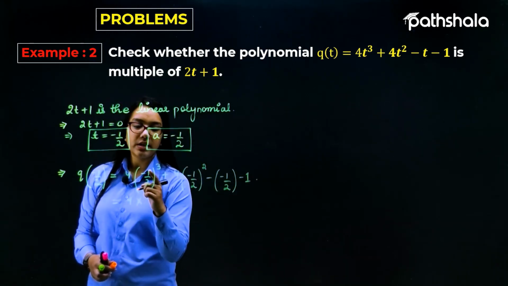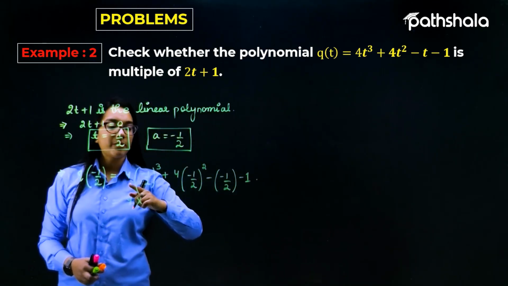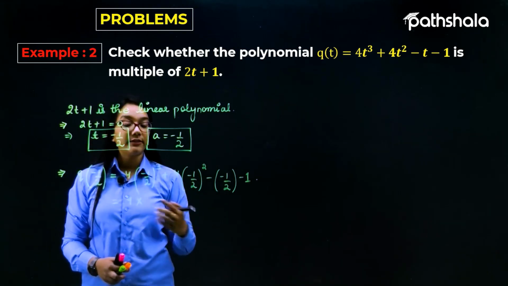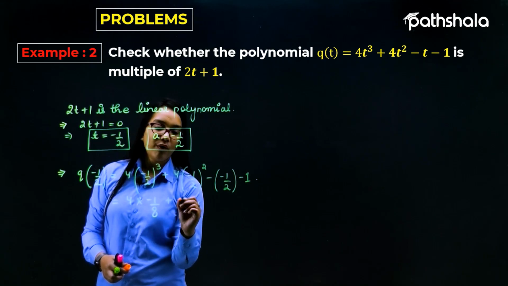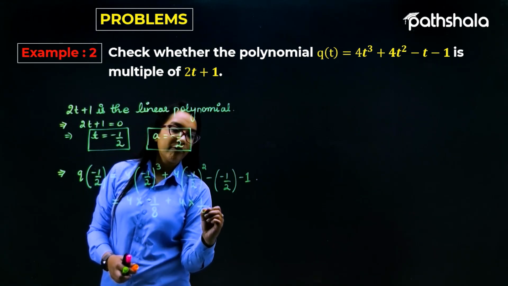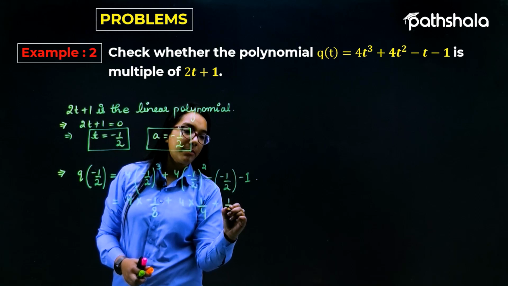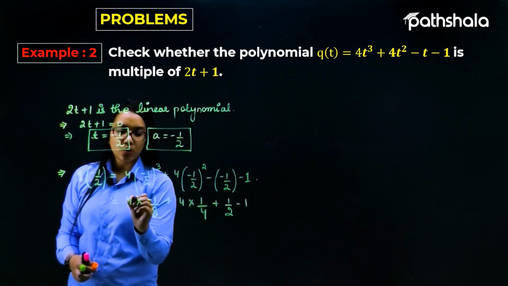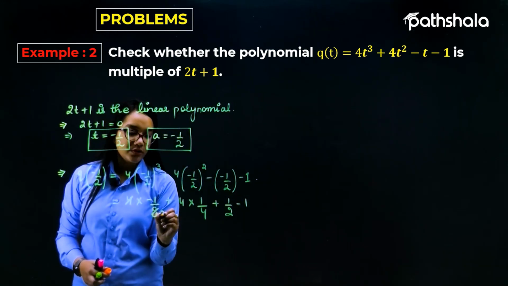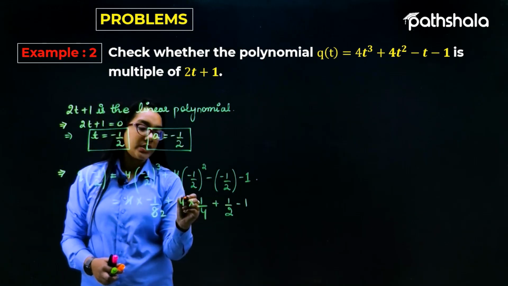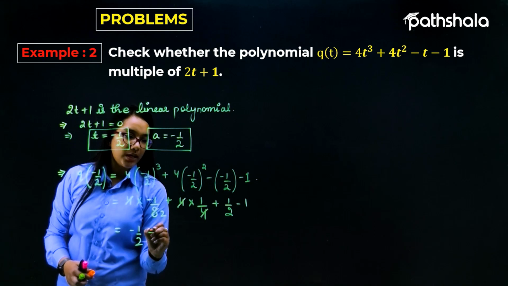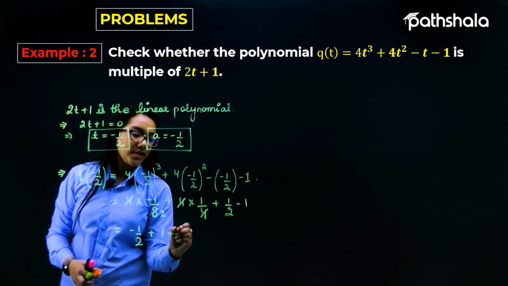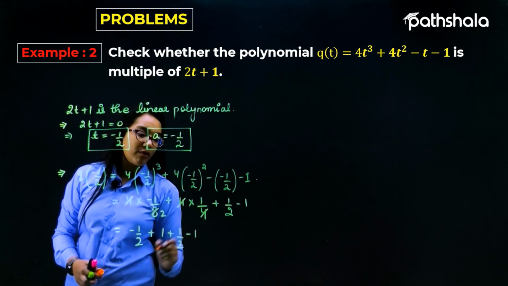Minus 1 by 2 gets multiplied with itself 3 times, so it will be minus 1 by 8, plus 4 into 1 by 4, plus 1 by 2, minus 1. Cancelling out the values, 4 into 1 is 4, 4 into 2 is 8, 4 and 4 get cancelled with each other. So it is minus 1 by 2 plus 1 plus 1 by 2 minus 1.